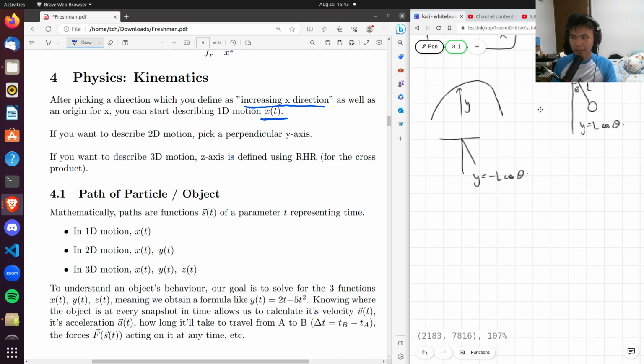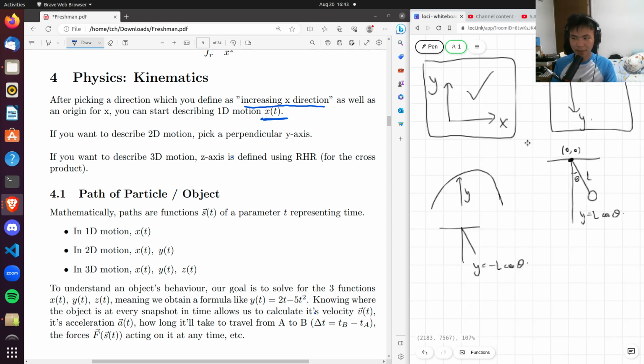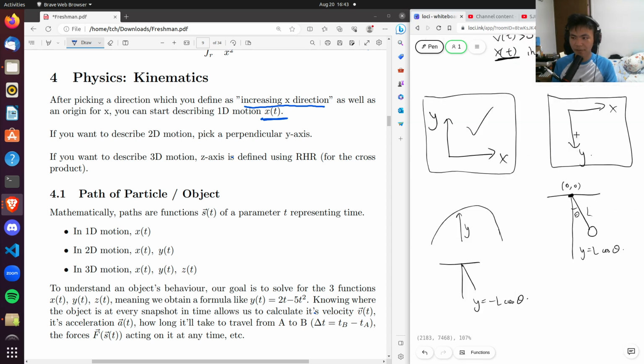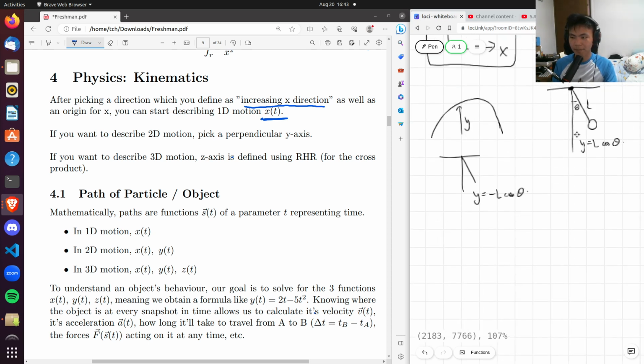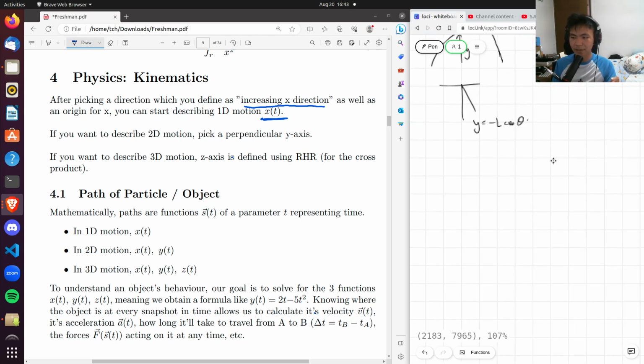And lastly, for 3D motion, it turns out we do not have a choice anymore, because the moment you pick your x and y coordinates, the definition of the increasing z direction is already defined for you.